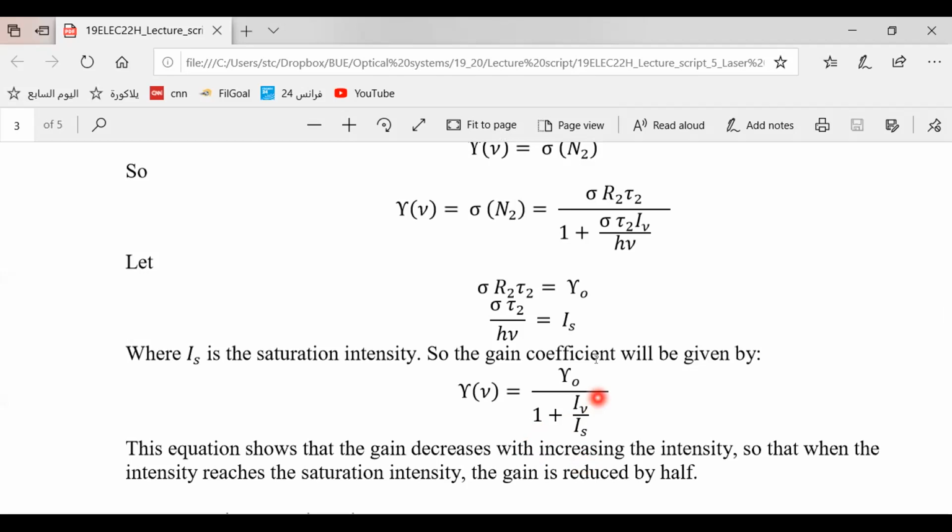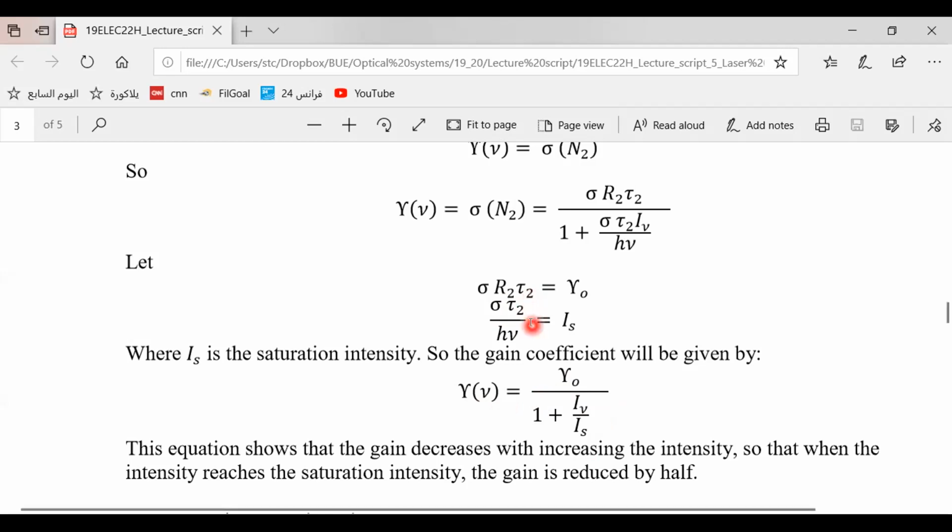So if I tends to 0, then gamma will equal gamma naught, which is sigma R2 times tau 2. It's a constant, no worries. And if we find the conditions, then this constant is greater than 0, and also greater than alpha, if you remember, and then it's an amplification. No worries.